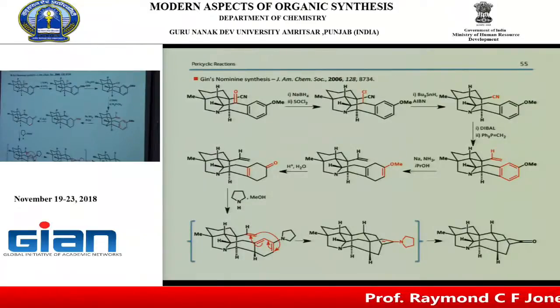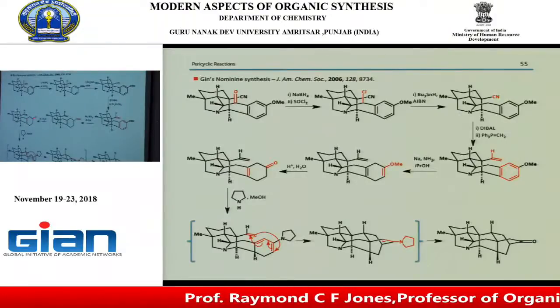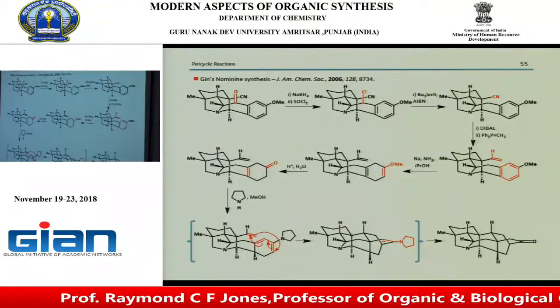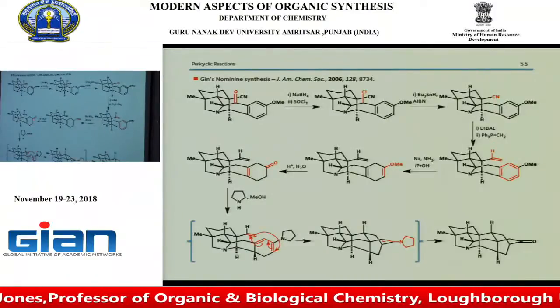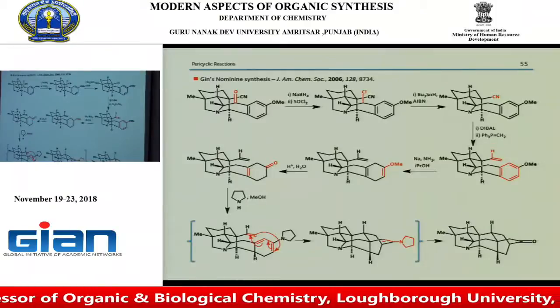So how are we going to do that? This is the diene at the moment. You make an enamine from this carbonyl. Now, if you do that straight away, the double bonds are not going to be in the right place.